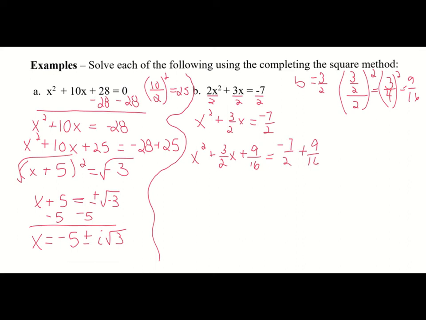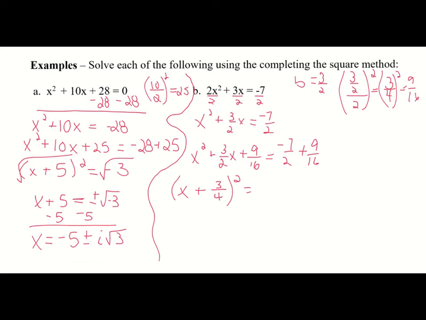Let's see here. When we add those, the left side, when we factor it, it's going to be x plus 3/4. Because again, you take the square root of the 9/16, and that's 3/4 squared, is equal to negative 7 over 2.